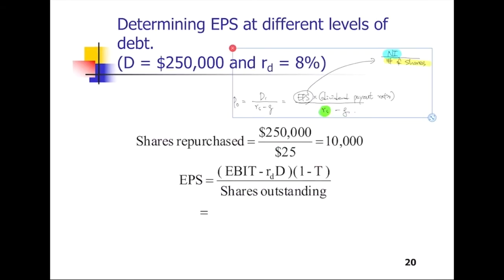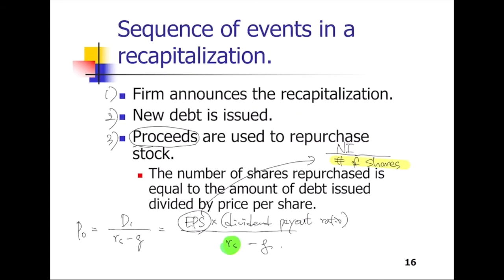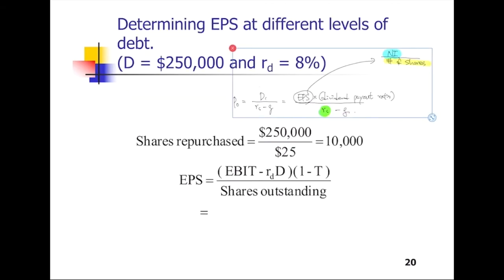Now the firm issues $250,000 of debt, right? So in this case, the firm announced the recapitalization and new debt is issued, and those proceeds are used to repurchase the stock, right? So that is the proceeds.